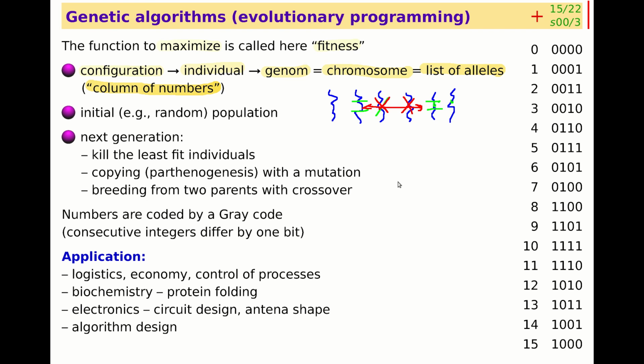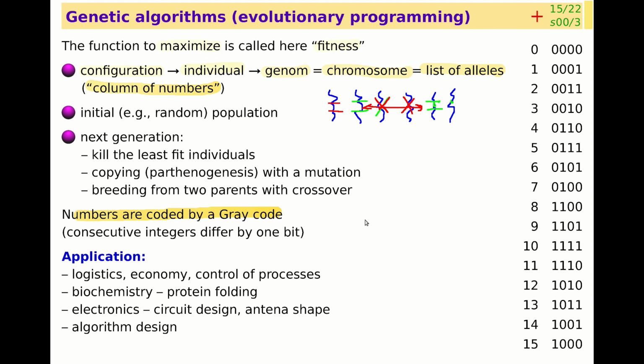There is a problem which is a bit technical. Here I can have real numbers. It is not good to cut a series of bits of a real number into half, so usually we are using special coding of real numbers.